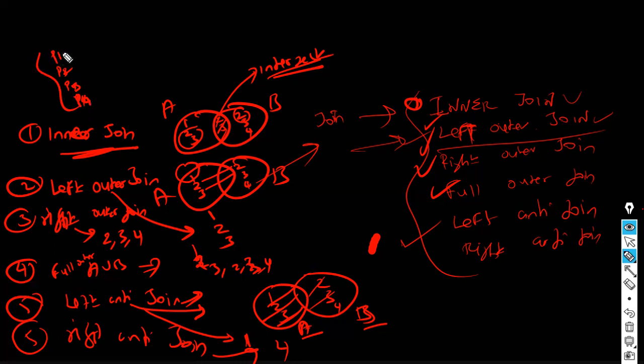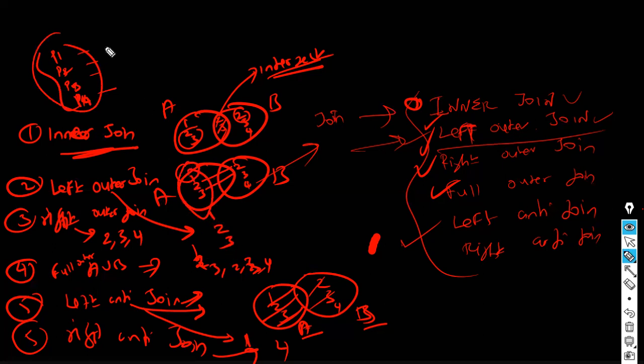Some week they buy P1, P3, P4. Some week they buy P2, P3, P4. But every week, your manager wants to see a report wherein he wants to see whichever products we sold, along with which products we did not sell. In that kind of situation, left outer join is helpful because it lists out all the products, right?